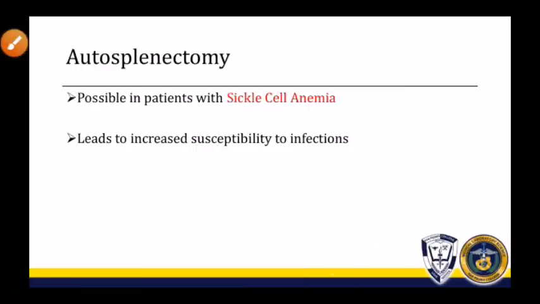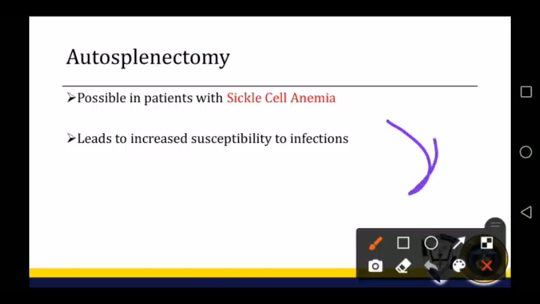One of the grave events that can happen in our spleen is autosplenectomy. And autosplenectomy is only possible in patients with sickle cell anemia. In severe cases of sickle cell anemia, the majority of the RBCs are sickle-shaped.